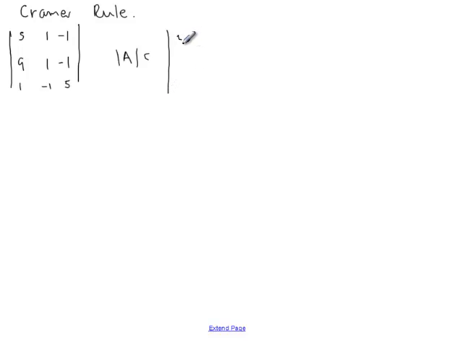Let's write 5, 9, 1. 1, 1, minus 1. Minus 1, minus 1, and then 5. Then let's do something here. That's just a line. We basically like calculating a determinant of an augmented matrix.